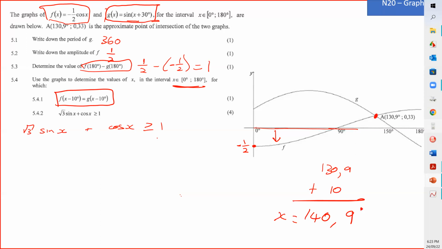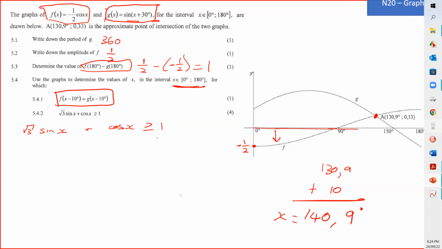If you remember your special angles, remember that sine 30 is half, and sine 45, you can check on your calculator, is root 2 over 2. And then we know that sine 60 is what we want to look for, which you'll find using your calculator.